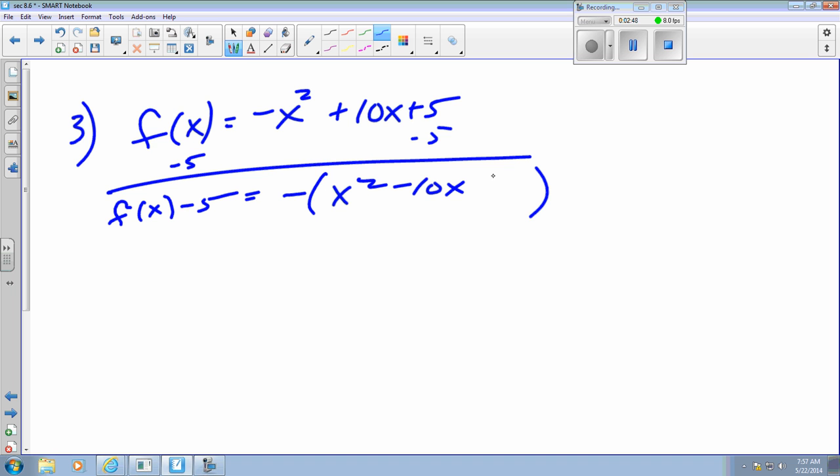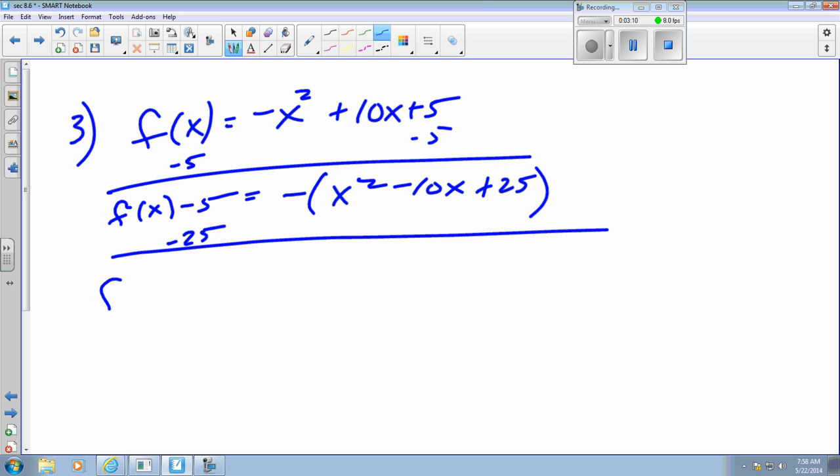And I'm going to find my b over 2, negative 10 over 2 gives me negative 5. 5 squared is 25. So I'm going to add 25 to this side. But did I really add 25 when there's a negative in front of the parenthesis? I really subtracted 25. So I'm going to really subtract 25 from the other side.